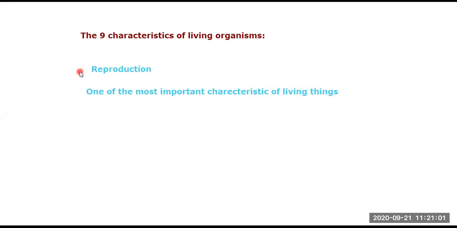So then the next characteristic of living things is reproduction. The ability of an organism to create another organism of its own kind is called reproduction, and it is one of the most important characteristics of living things.